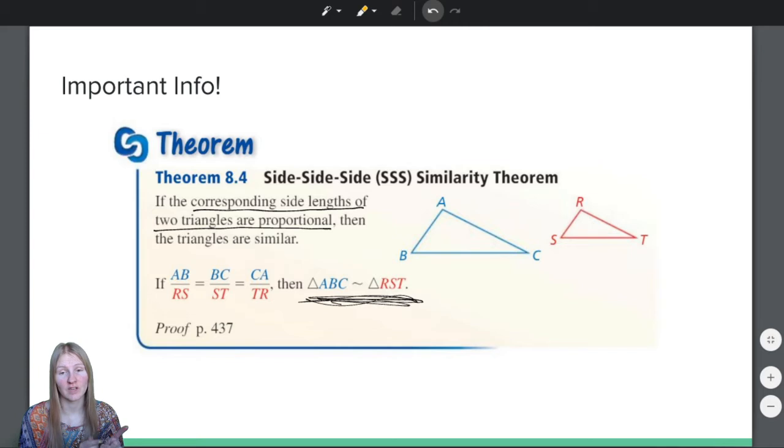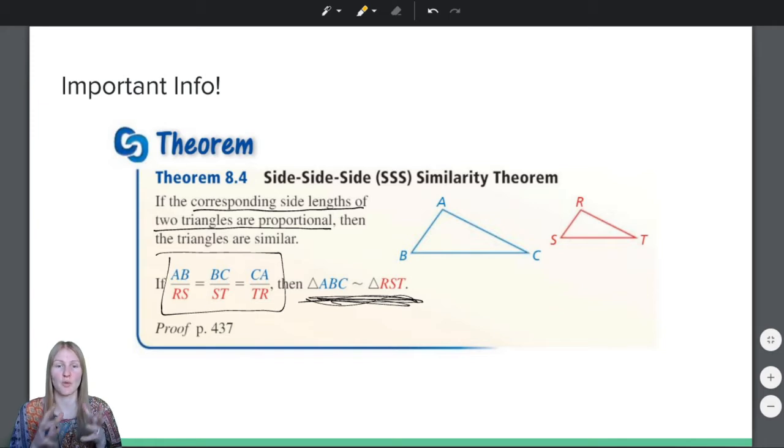So in the last video, we knew that if two pairs of angles were congruent, then we knew that these triangles were similar. In this video, this theorem is talking about the three sides. So we need all three sides to be proportional to the same scale factor, and then the triangles are similar.